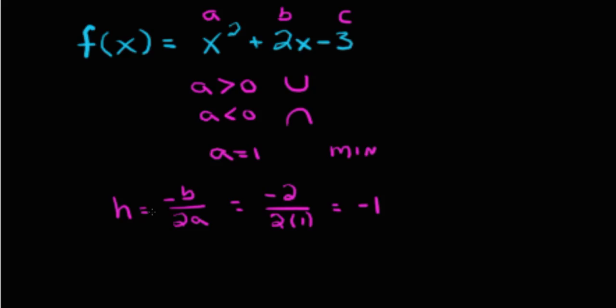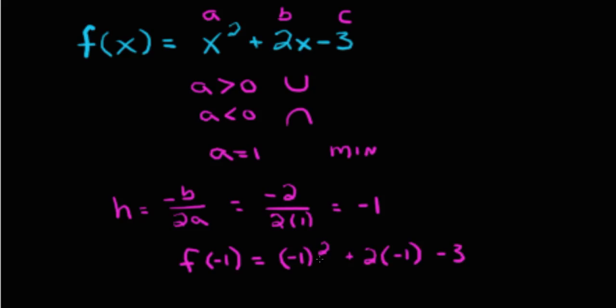Now, to find k, all we do is evaluate this function at that h value. So f of negative 1, you get negative 1 squared plus 2 times negative 1 minus 3.